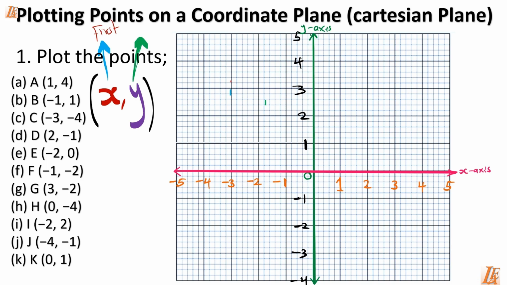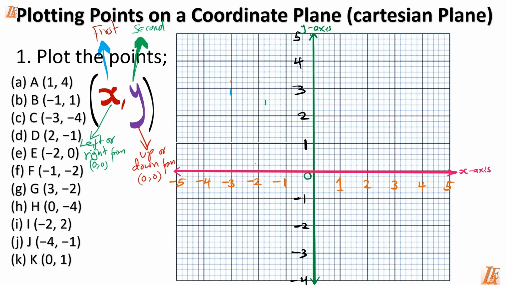Another important thing is that this x shows us how we move left or right from the origin, while this y coordinate shows us how far we move up or down from the origin. Now let's look at if we can locate these coordinates on this Cartesian plane.